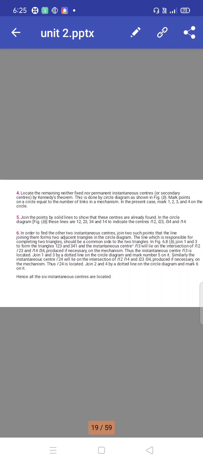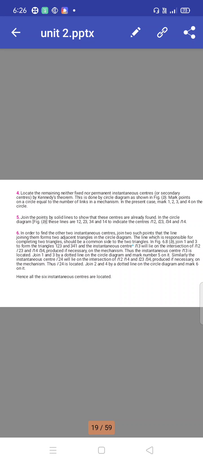In order to find the other two instantaneous centers, join two such points so that the line joining them forms two adjacent triangles in the circle diagram. The line responsible for completing the two triangles should be a common side to the two triangles.